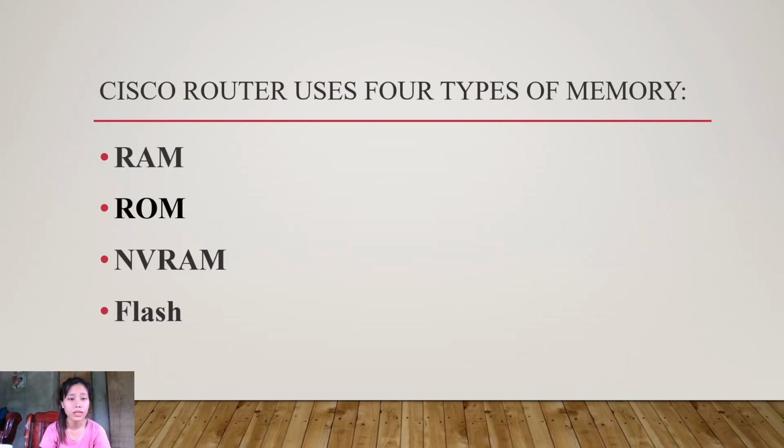Then a Cisco router uses four types of memory, which are RAM, ROM, NVRAM, and flash. RAM is volatile memory used in a Cisco router to store application processes and data needed to be executed by the CPU.